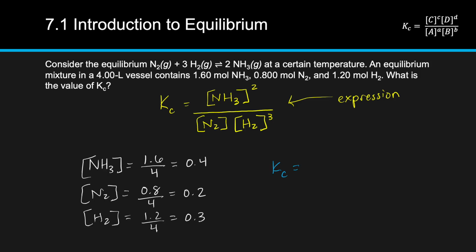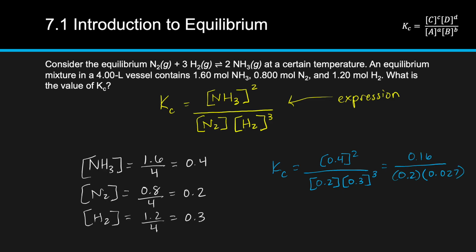So Kc is going to be equal to 0.4 raised to the second power divided by N2, which is 0.2, times H2, which is 0.3 raised to the third. And now we can plug that into our calculator and solve for K.